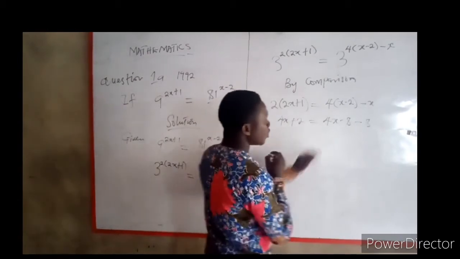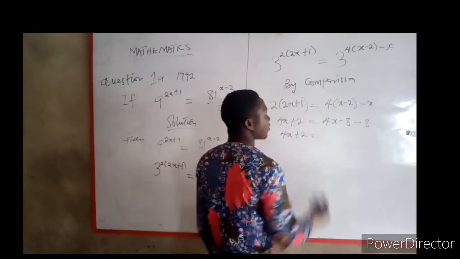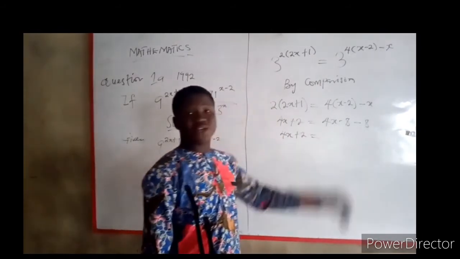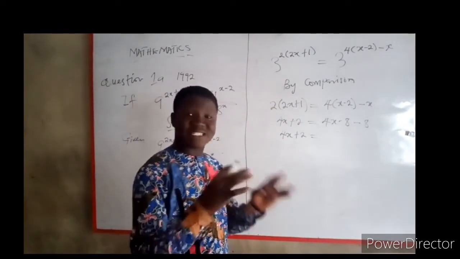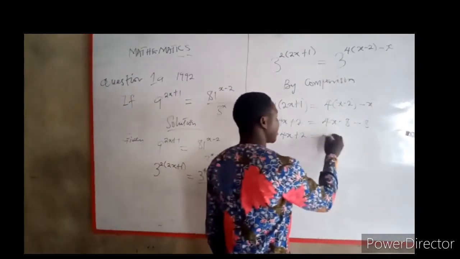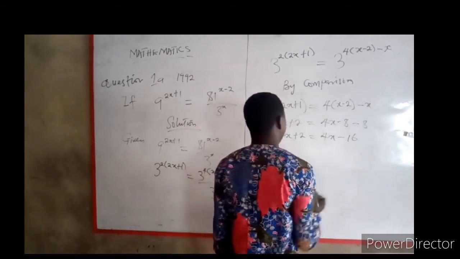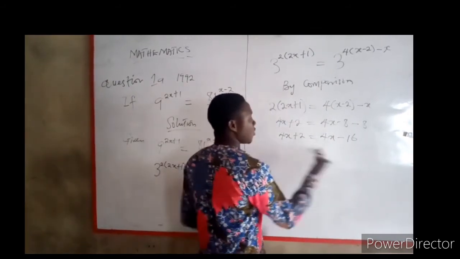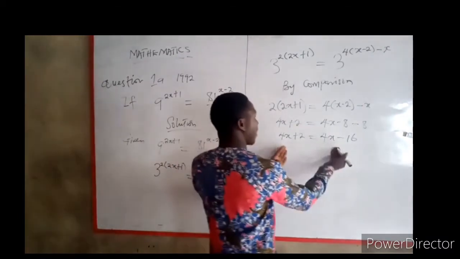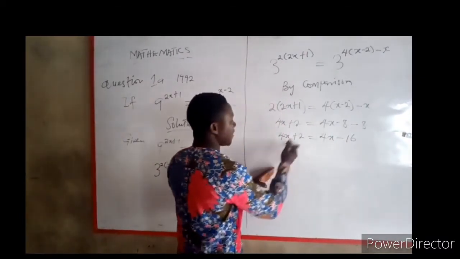So this would be 4x plus 2 equal to minus 8, minus 8 is same thing as adding 8, then attaching the negative sign. So that should give me 4x minus 16, right? Okay, so from here I can collect items. 4x will go this way, then 2 will come this way, right?